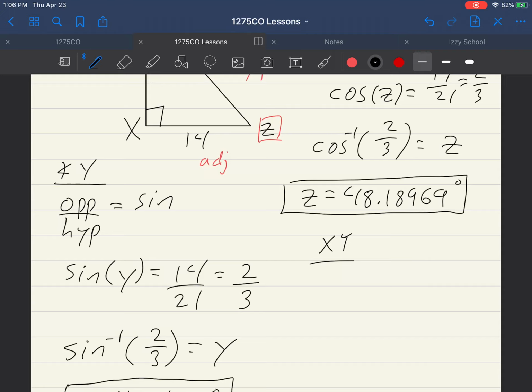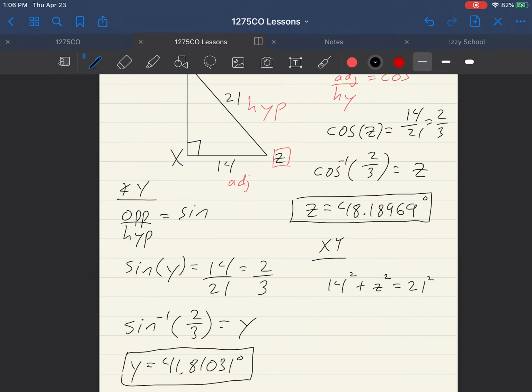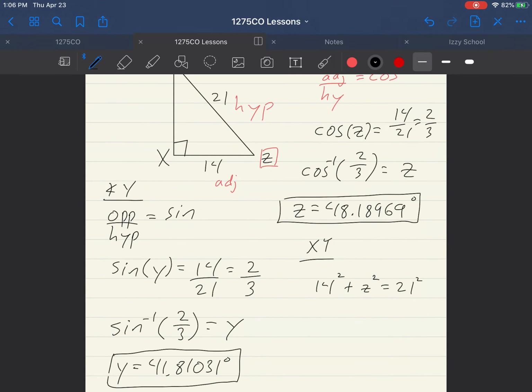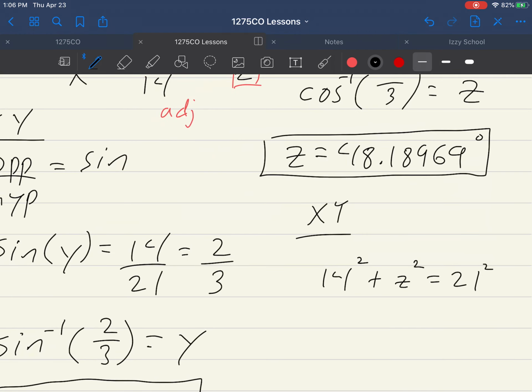The last thing is finding the measure of yx, or xy. We can use the Pythagorean theorem because we know the value of one of the legs. That's 14. We can call the missing side lowercase z. 14 squared plus z squared is going to equal 21 squared, right? The hypotenuse is always left alone on its island.